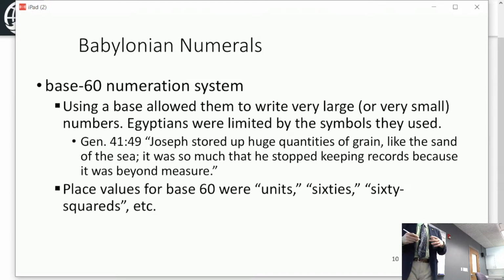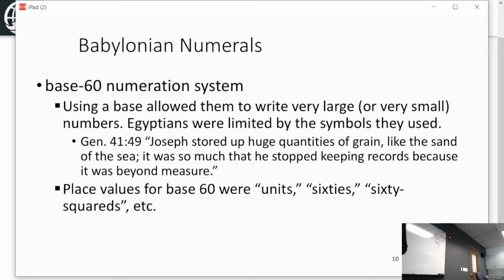So he would keep track of the grain using the Egyptian system, the Egyptian words, the Egyptian numbers, and so forth. So why would he run out of numbers? Well, probably because the Egyptians couldn't express numbers bigger than maybe 10 million. Anyway, the Babylonians, though, had a base 60 system.